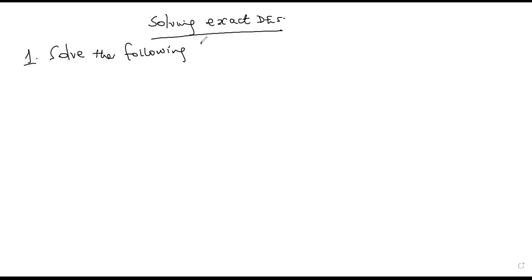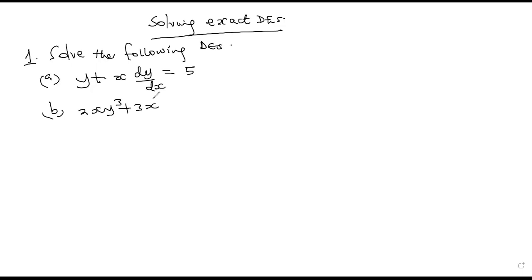Part A, we're going to look at y plus x dy dx is equal to 5. Then B, 2xy cubed plus 3x squared y squared dy dx is equal to cos x.